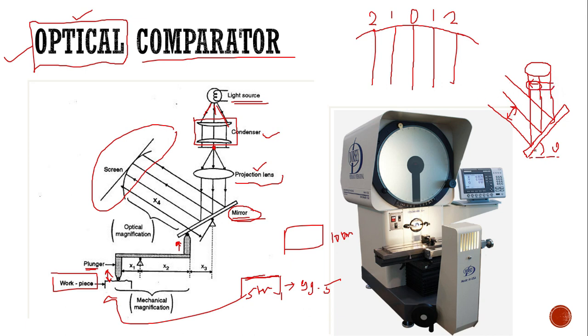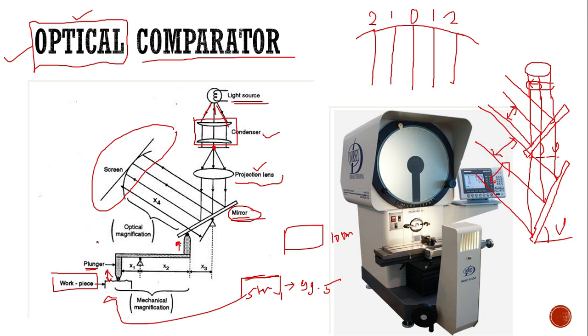This is for example, and if this angle is further inclined, if theta angle is increased, these rays are coming down, one ray will touch this portion, one will touch this portion, maybe in this way, and then this will again be reflected back on the screen. So now this distance is again multiplied. So if this angle is increased, inclination is increased, you will get maximum magnification.